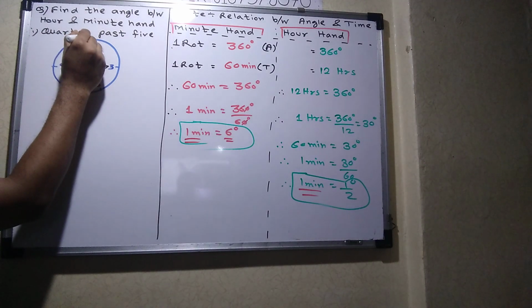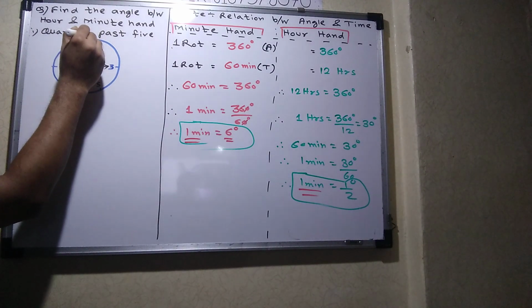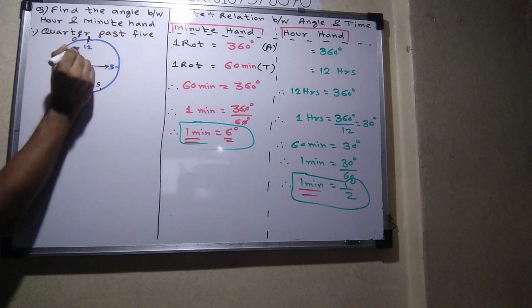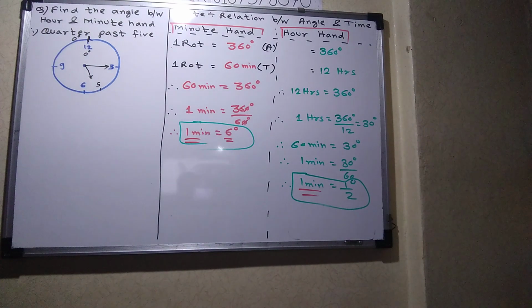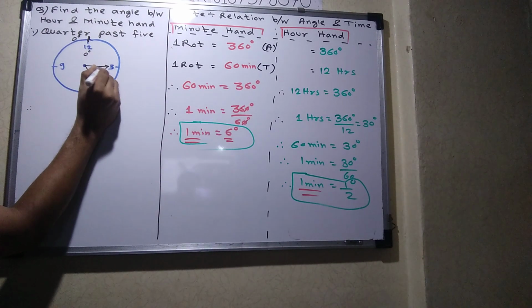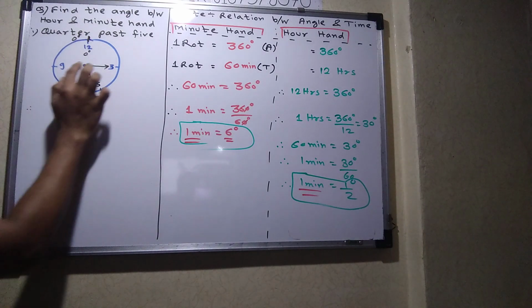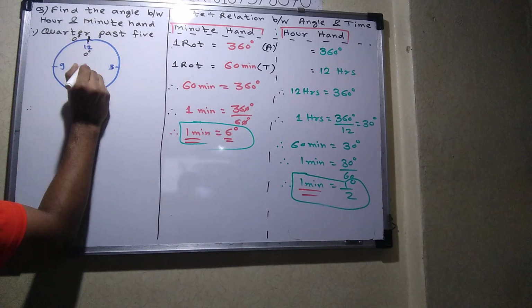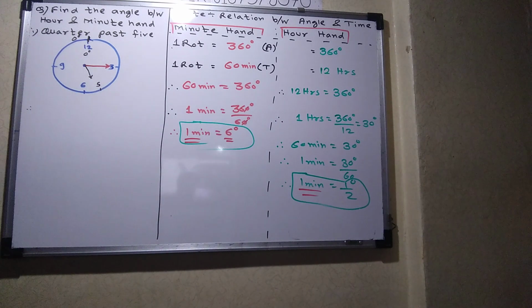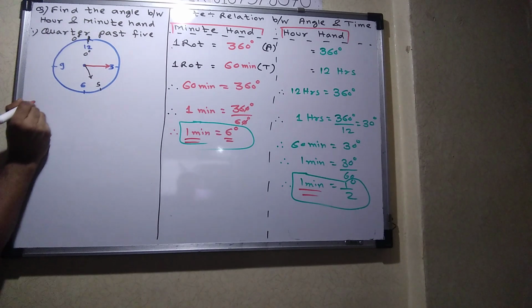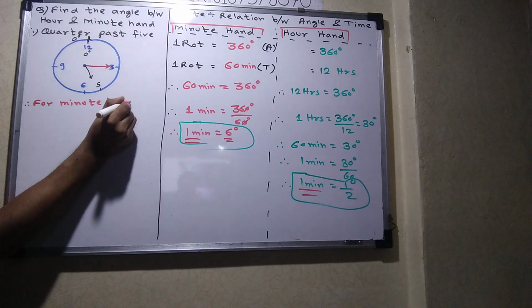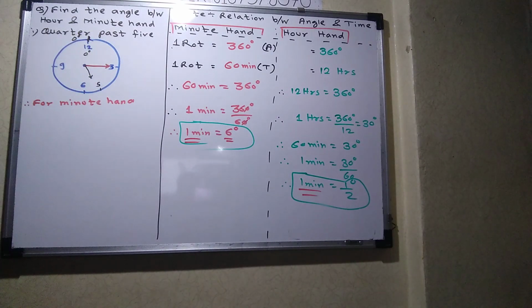Now I will solve for the minute hand. Suppose this is your 0 degree reference position: 12 is at 0 degrees. For the minute hand I will use the red marker, so this red marker represents the minute hand. How much degree will be covered by this part?